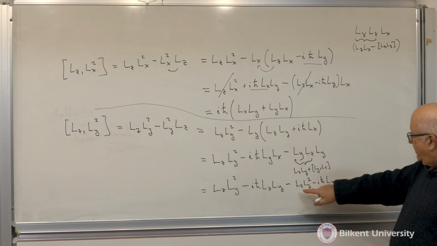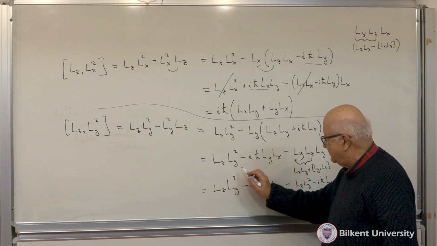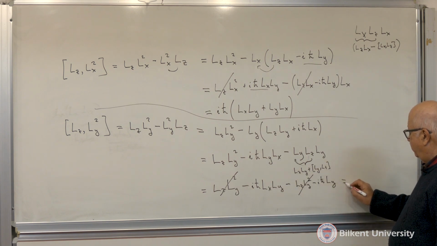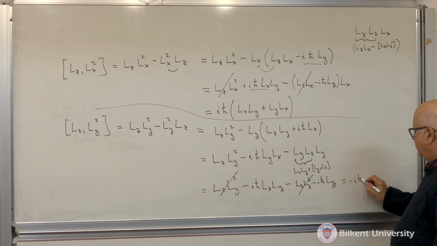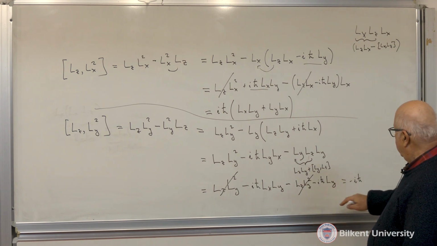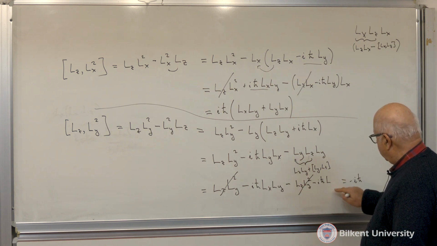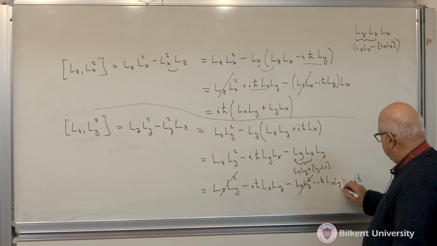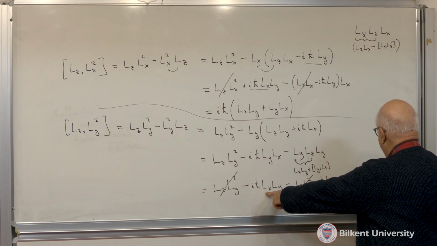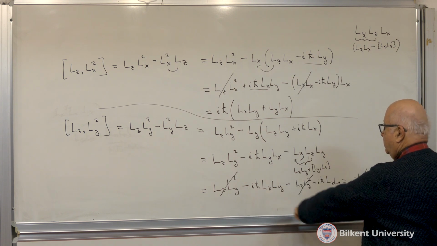So now Lz, Ly squared cancels that Lz, Ly squared. And I end up with minus i h bar, what? Lx, Ly. Yes, this is Lx, Ly, thank you. The first term is Lx, Ly, right?